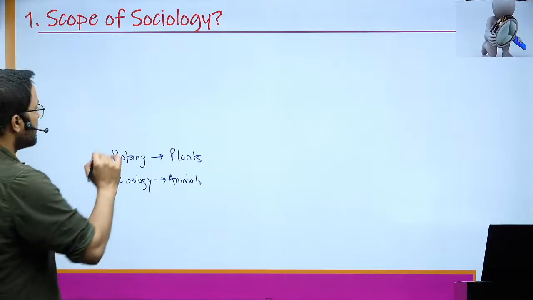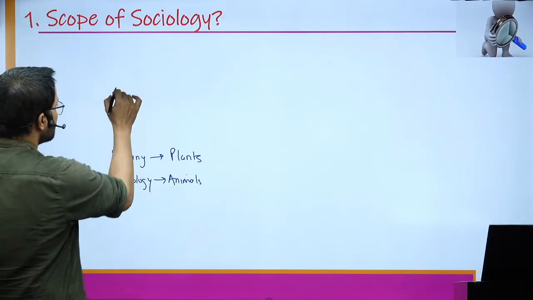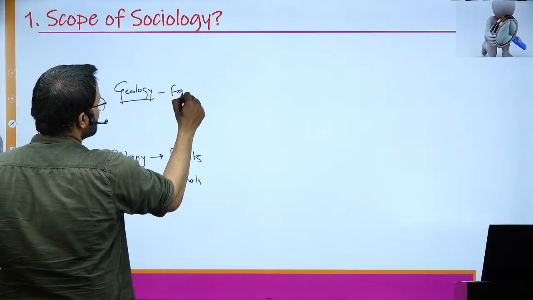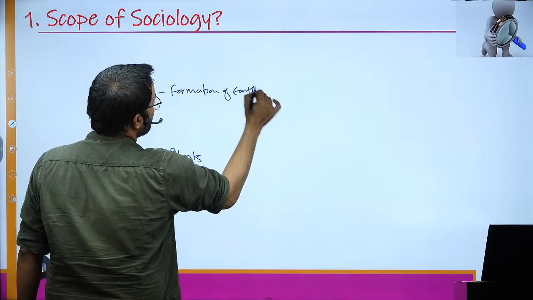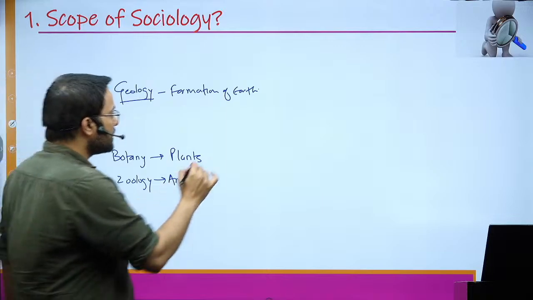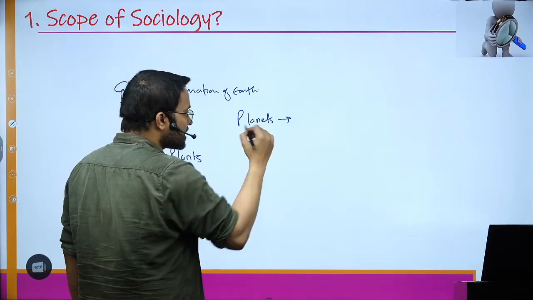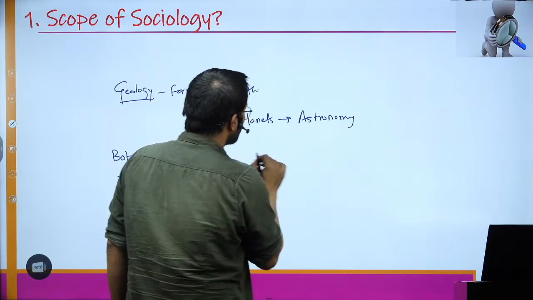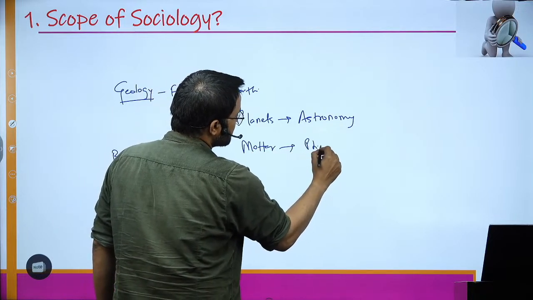If I have to say how the earth has been formed, plate tectonics movement, so basically geology, formation of earth. If I have to talk about planets, then planets come under the domain of astronomy. Matter comes under the domain of physics.